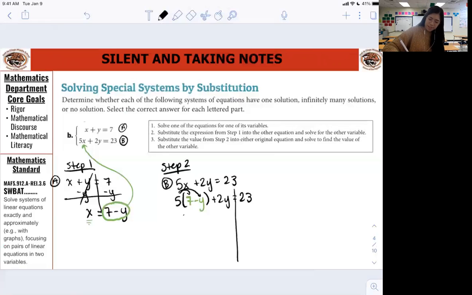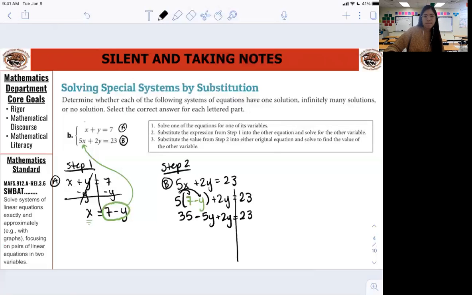There's 35. And then 5 times negative y. Negative 5y. I thought that was just 7 minus y. So we have to multiply the y. It could not be 7.